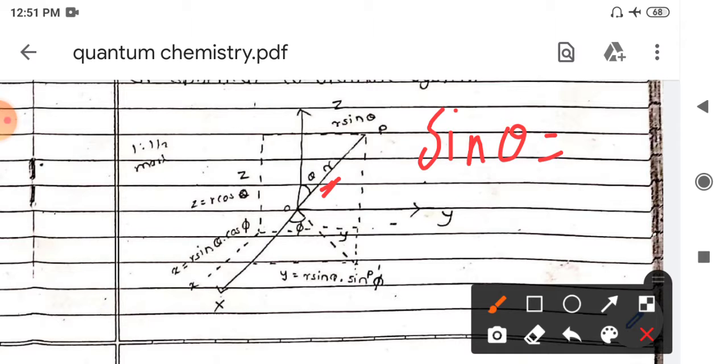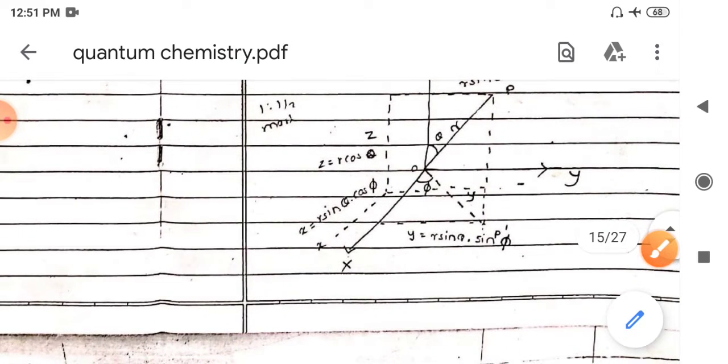So when we solve for the various values of x, y and z, we get the direct values: z is equal to r cos theta, x is equal to r sine theta cos phi, and y is equal to r sine theta sine phi.